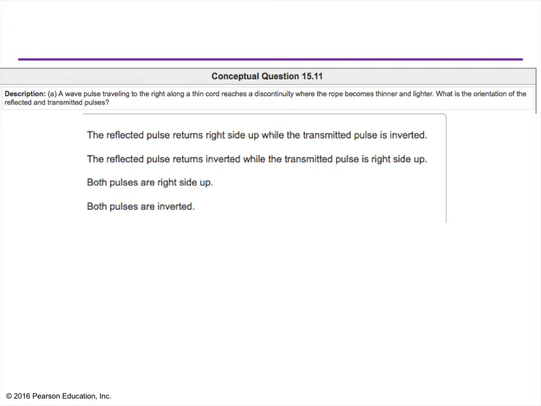But this was a question where you had a thicker piece of string, and then it got thinner, and you had a pulse that was moving through it. And what we're doing is we're treating this as a boundary, to try to think about how the wave pulse is going to behave when it gets to that boundary.